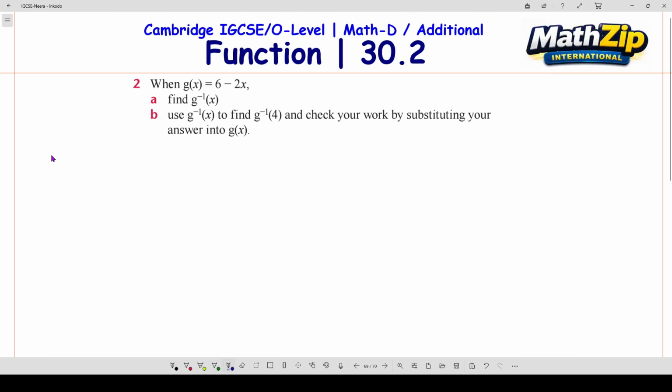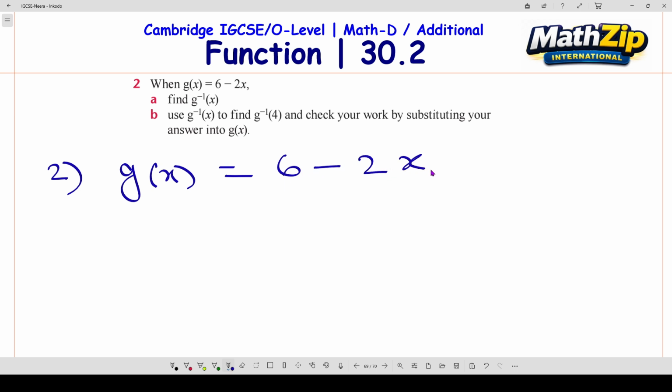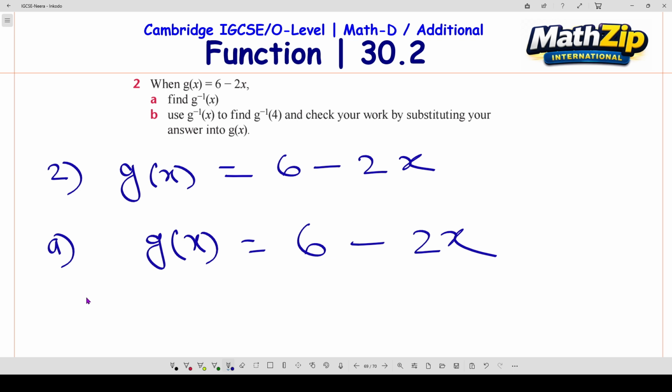Question 2. Here g of x equals 6 minus 2x. For question A, we have to find inverse g of x. We can write g of x equals 6 minus 2x, and we can think of g of x as y. So y equals 6 minus 2x.